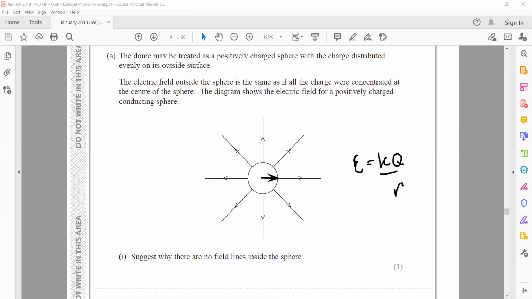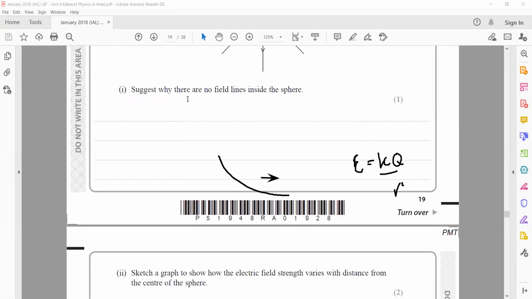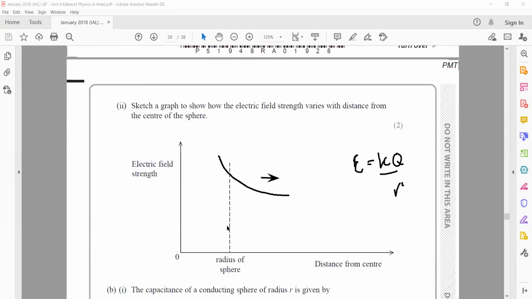When we sketch it, it will be a curve, with greater variation in the beginning and then gradually reducing.